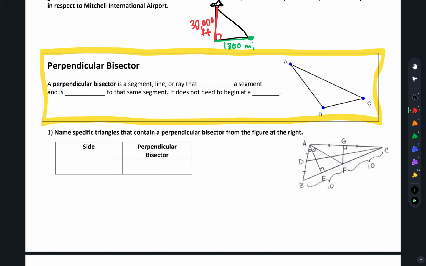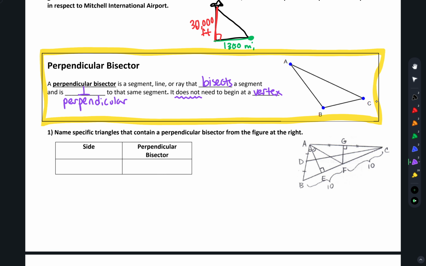A perpendicular bisector, you can probably guess from the name, is a segment, line, or ray that bisects a segment and is perpendicular to that segment. Again, it does not need to begin at a vertex. They can, but not always.